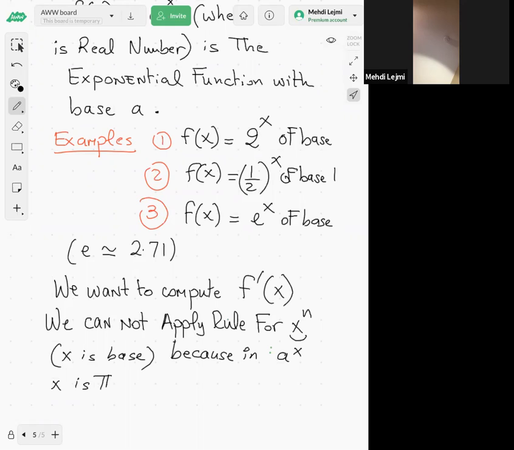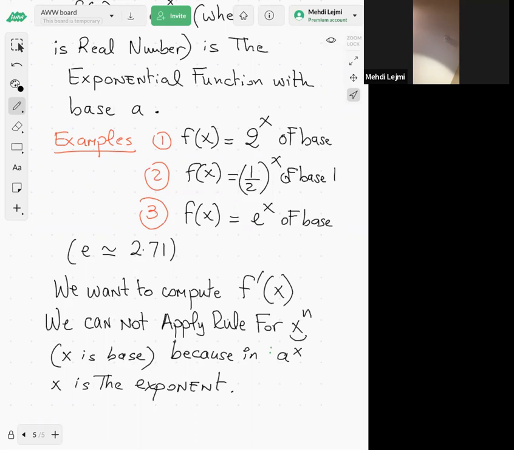It's not the base. Okay, so we cannot just say it's x times a to the power x minus 1.